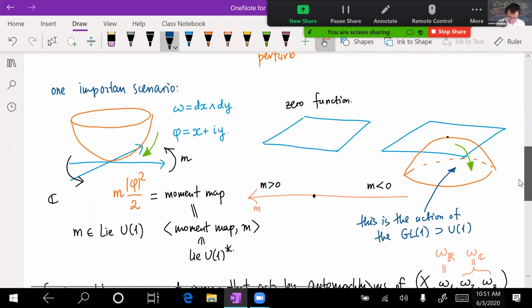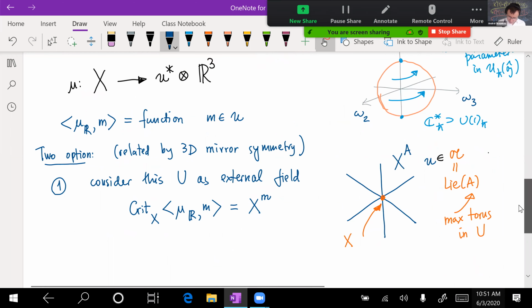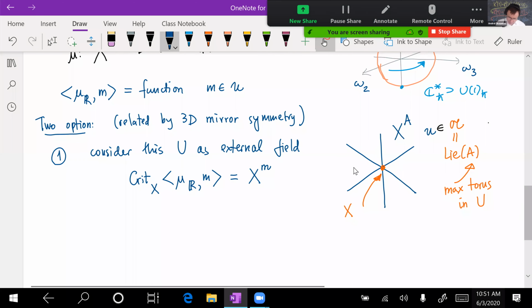And so now we go here, and these different chambers that we see here correspond to different choices. Let's consider these two extreme situations: when the function is just 0, and when the function is very generic. These are different chambers, different attracting and repelling directions.